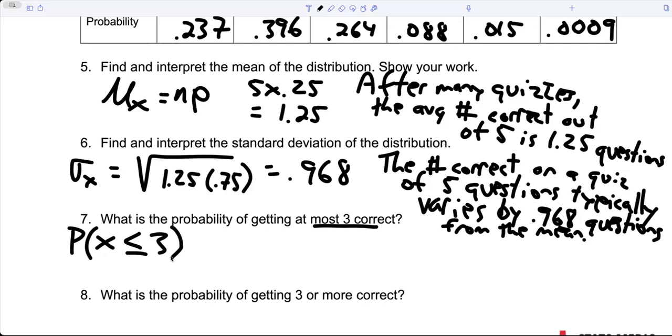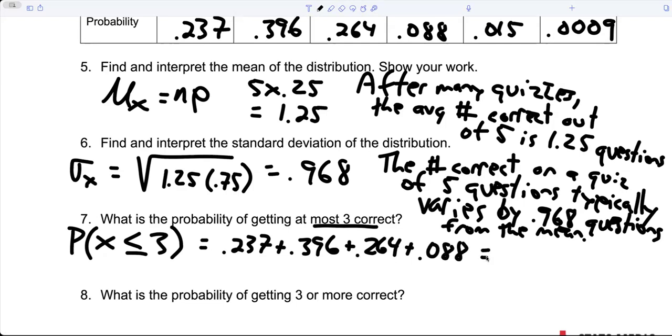And since those outcomes are mutually exclusive, we can add them together. So we could add 0.237 plus 0.396 plus 0.264 plus 0.088. And if we do that, you should get 0.985.